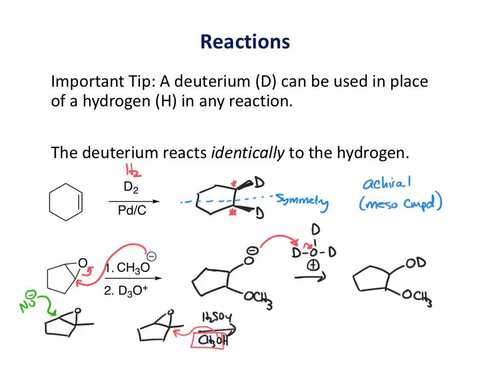If you were doing it with stereochem, would they add trans and there would be an enantiomer? Yes, so let's say, just in this first reaction, I have this epoxide as a wedge. This methoxide would add from the back side of that wedge, so it would be back. This would still be out.